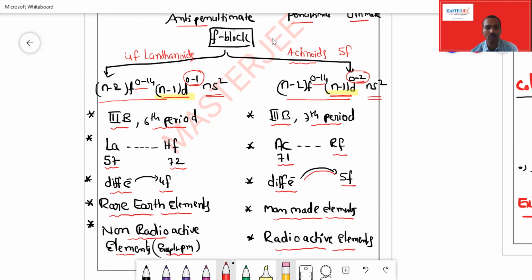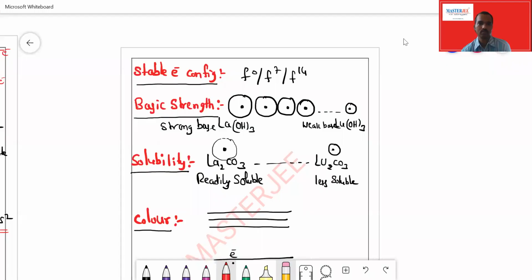Okay, this is about the f block elements. Coming to the point of stable electronic configuration, see f0, f7, f14. Wherever we can find these electronic configurations, those are all stable electronic configurations. Next is basic strength. As the size of the atom decreases, because of lanthanoid and actinoid contractions, the covalent nature increases.